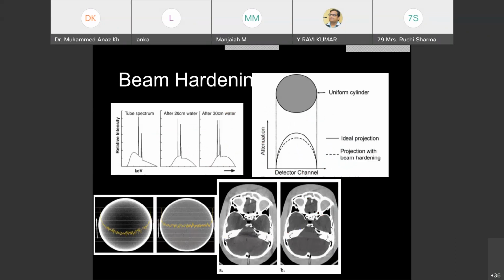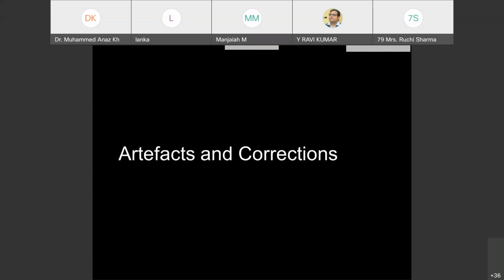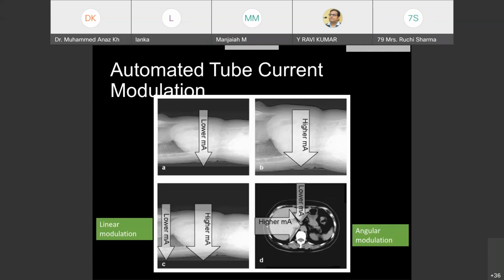The attenuation at the edges is very little and it is more in the middle. Again, this beam hardening is partly under your control, similarly to how much current modulation.